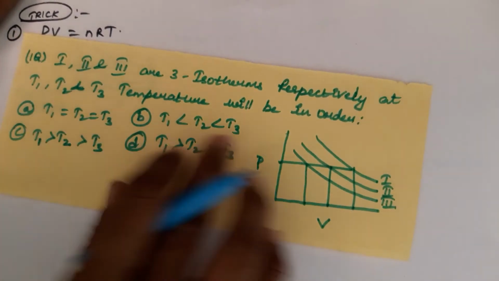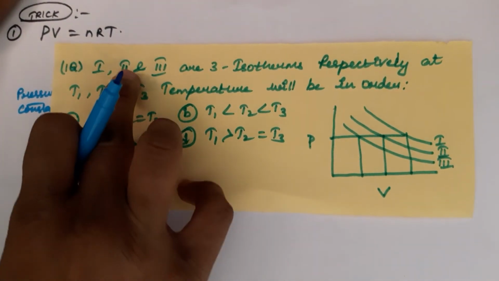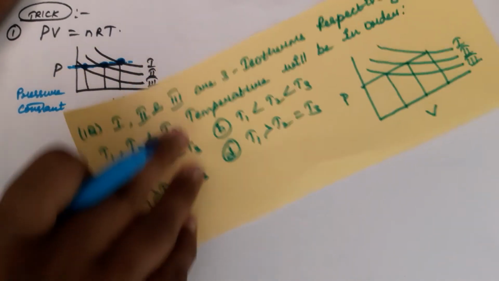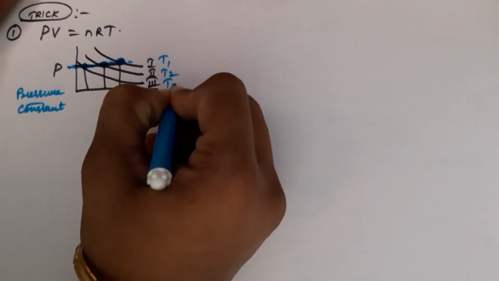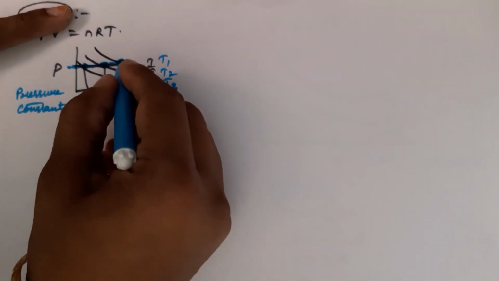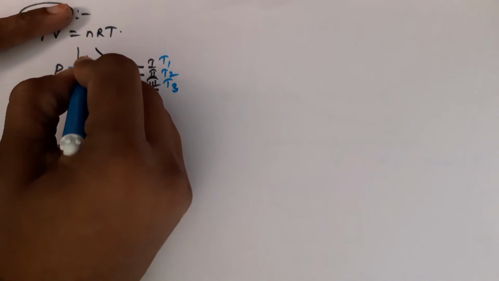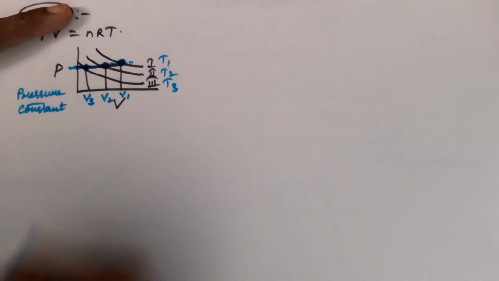As we observe in the question, the first one is T1, the second one is T2, the third one is T3. That means the temperatures are constant along each curve and the corresponding values are T1, T2, T3. These corresponding values on the horizontal line are: this corresponds to V1, this to V2, this to V3.